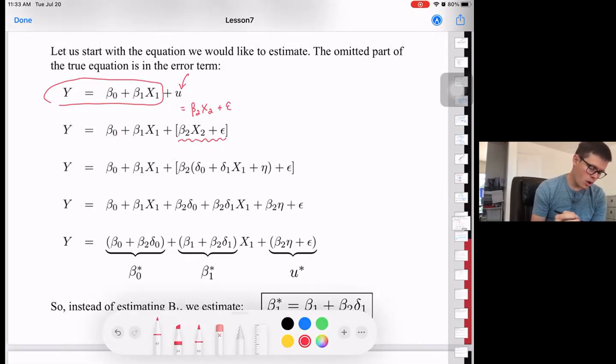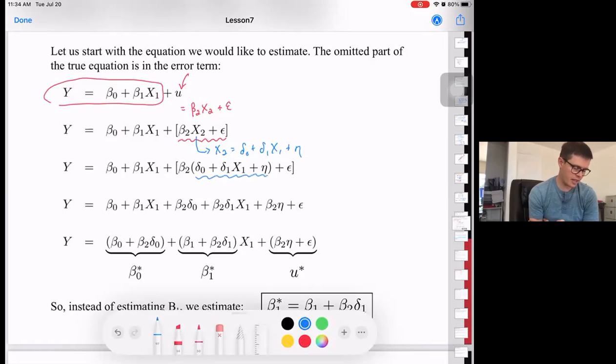So we have one more substitution, which is that, remember, x2 can be written as a function of x1. We have delta naught plus delta 1 times x1 plus eta. And so we're going to substitute in for x2 this expression of x1, because x1 is what's actually in the data.